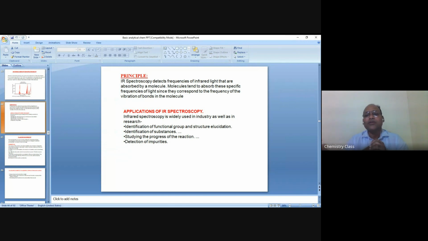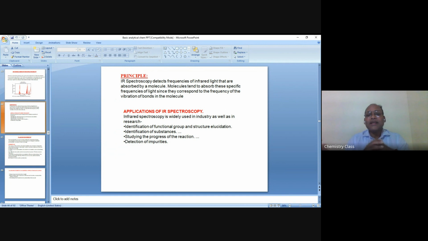On the basis of that, a spectrometer will show the graph. From that we can determine which atoms, which molecules, and what type of bonds are present in that particular compound. This is most interesting and important nowadays.